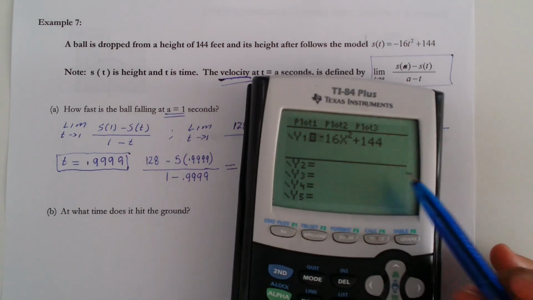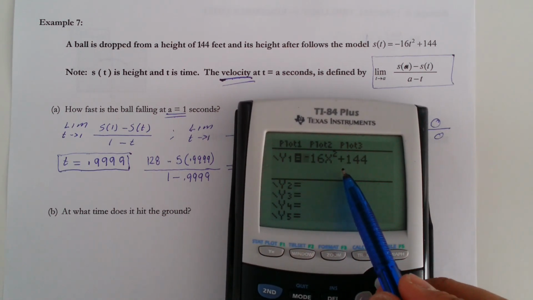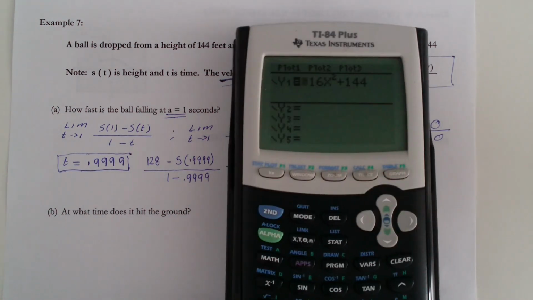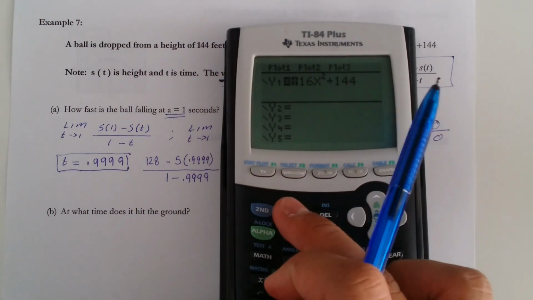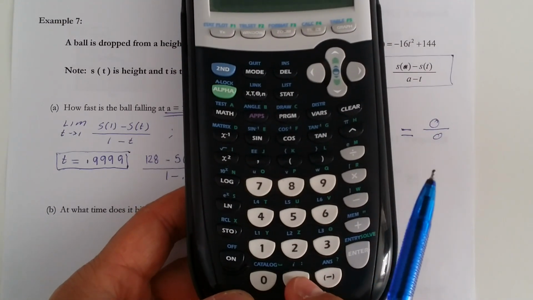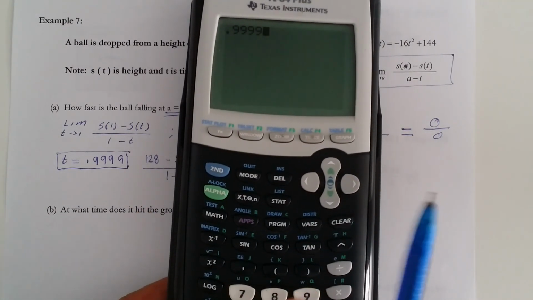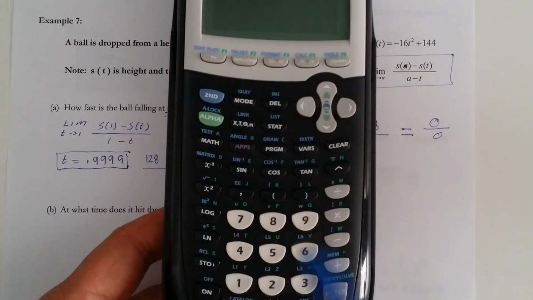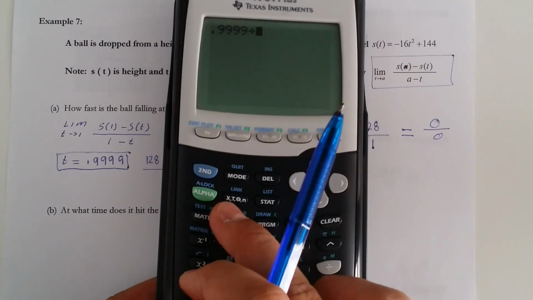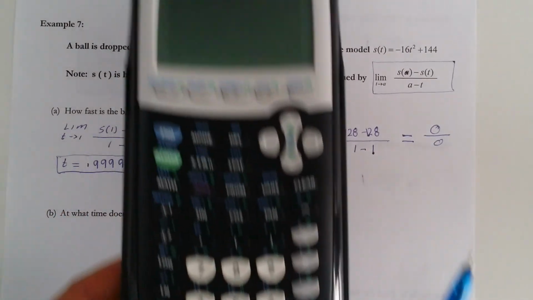I have typed the function s of t into my calculator, and I'm going to plug 0.9999 in and see what the value is. Type that into your calculator, and pause the video if you have to. I type in 0.9999 and save this number into the calculator through store, X, confirm.